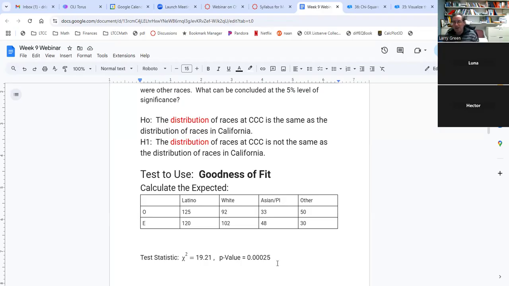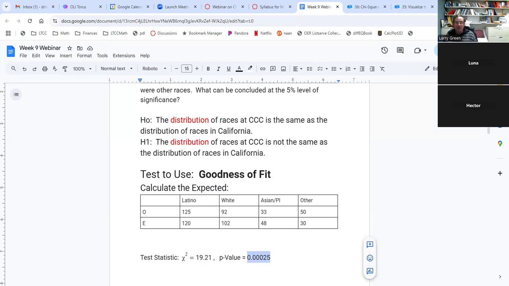And hopefully you can answer it. So what do you think? And again, this is just like every other hypothesis test at this point. Yeah, definitely we're going to reject the null hypothesis because look at the p-value.